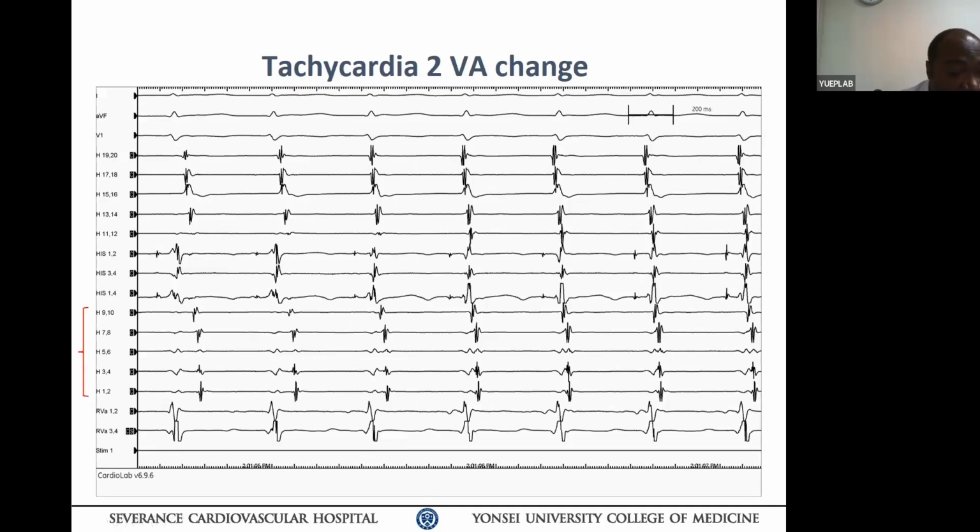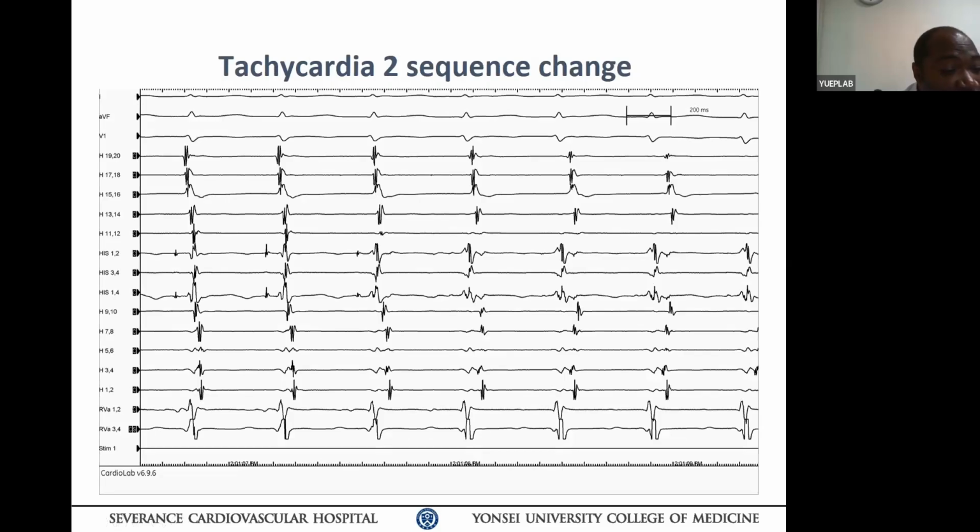Now, during the second tachycardia, if we focus on the CS leads, we realize that there's a change in the VA. So noticing this relationship over here, over time, the V and the A become much closer. So then the tachycardia sequence begins to change, and then it transitions into the first tachycardia.